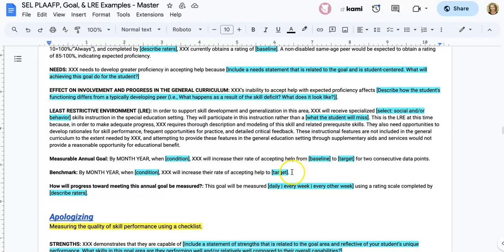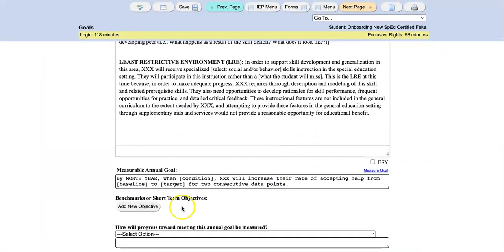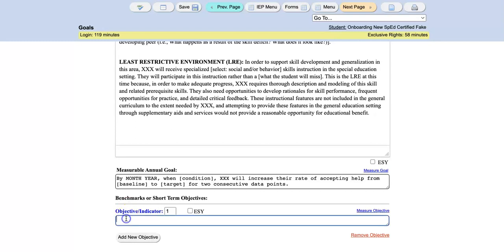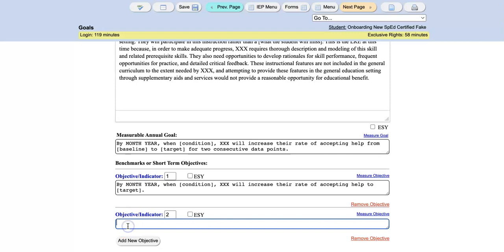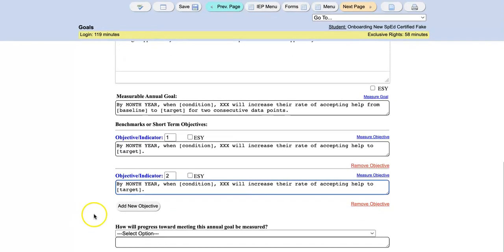And then I'm going to also copy over this benchmark, otherwise known as an objective in SpEd forms. If I go here, it says add new objective. So I'm going to put that one in, and then I know that I need to be measuring this 3 times a year.